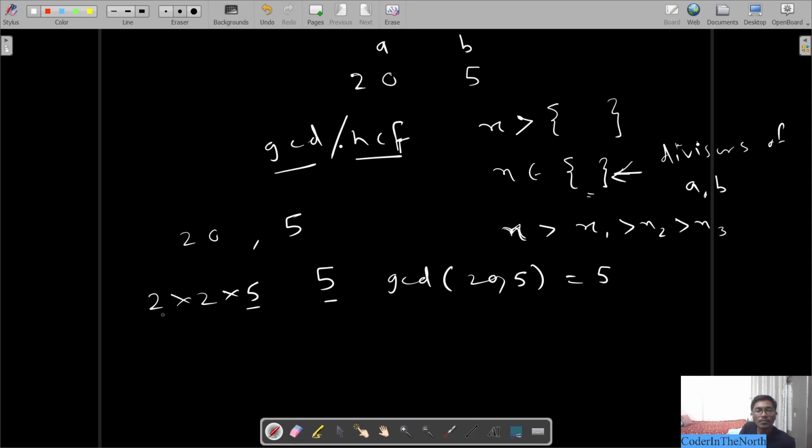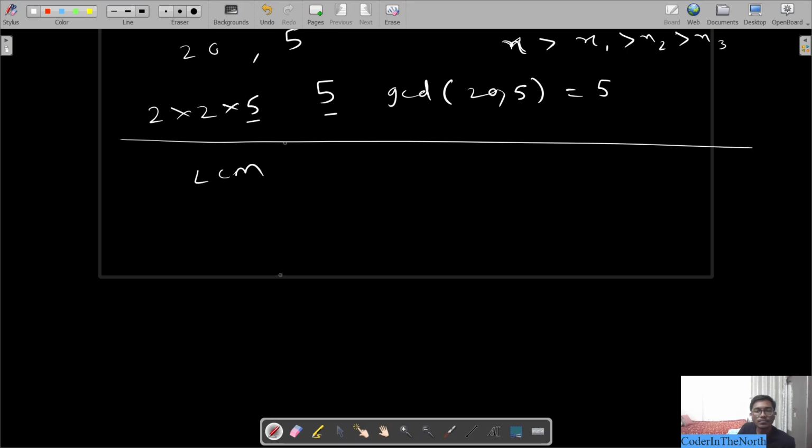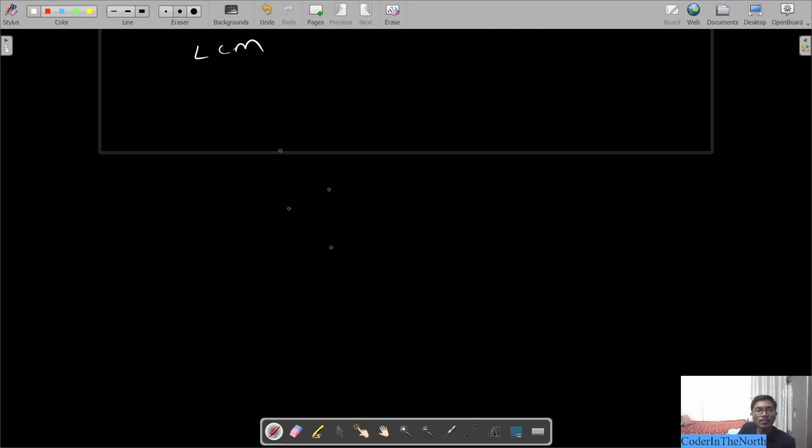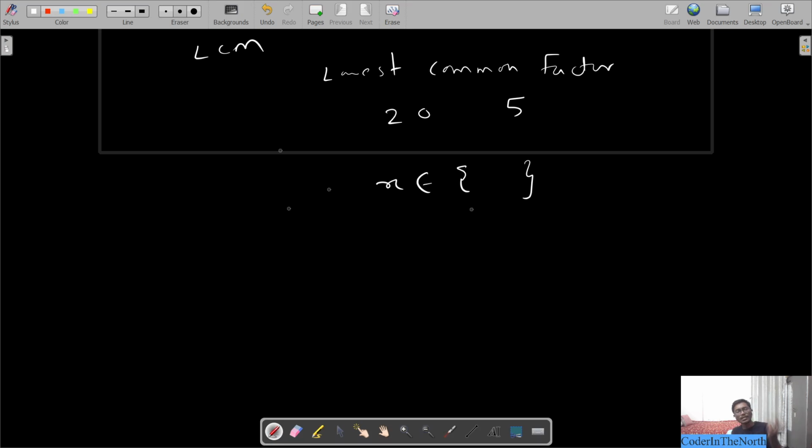Now what is LCM? LCM is lowest common multiple. If I have numbers 20 and 5, I have to find such x which belongs to a set. We'll consider it's some set, and x will be the lowest of the numbers from that set.